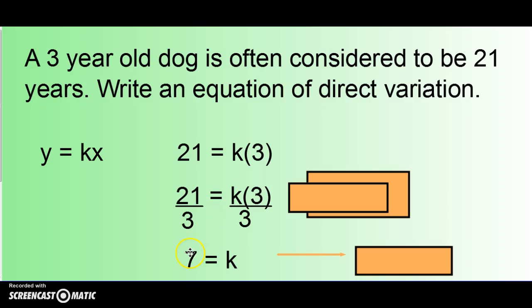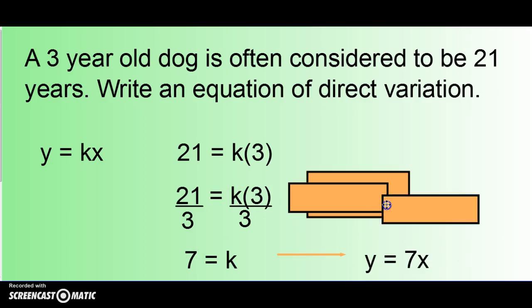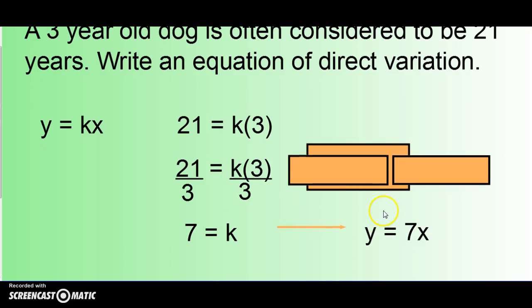So you multiply the dog's age times 7. So 7 is what you would substitute for k. So then you'd create the equation y equals 7x. As you can see, we just substituted in the numbers from the word problem. Divide by 3, they cross each other out. Divide by 3, and that's how you get k equals 7.